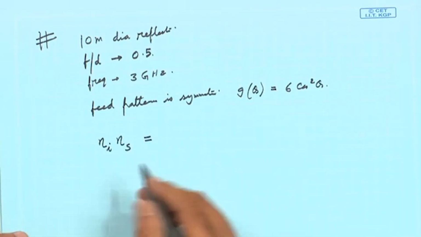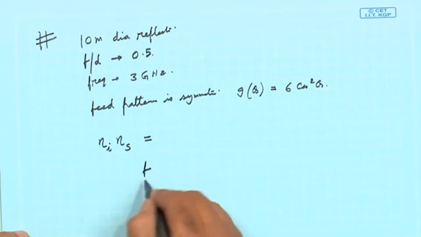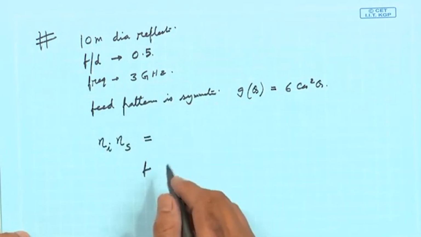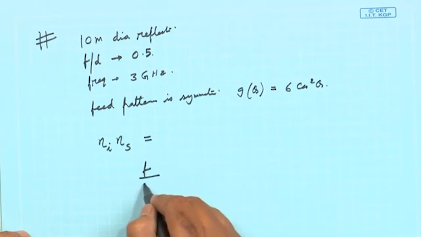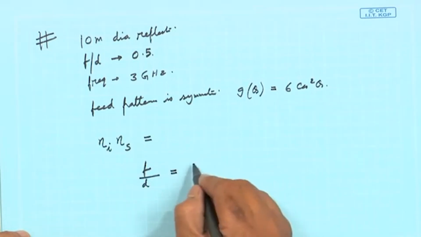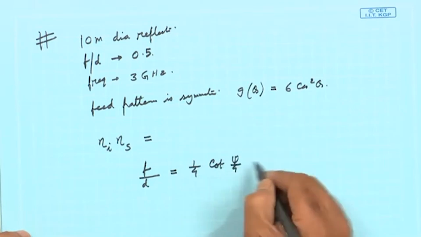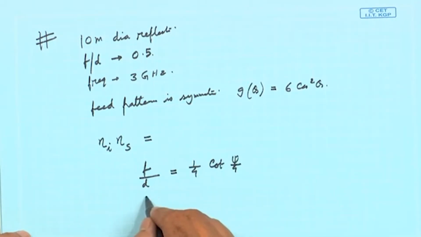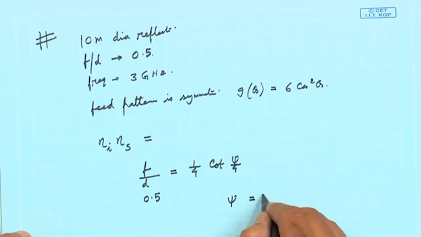First, we know the f by d ratio is given, and that actually gives us the angular aperture, because f by d is nothing but 1/4 cot pi by 4, and this is specified as 0.5. So, from there I can find out the phi value will be 106.26 degrees.